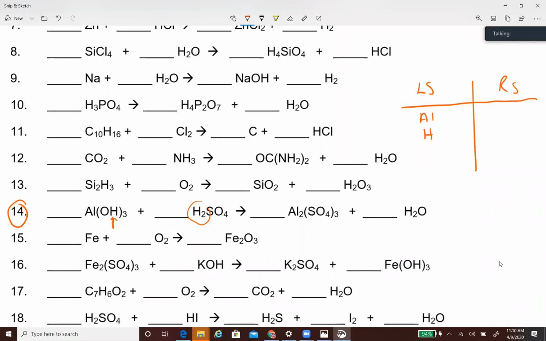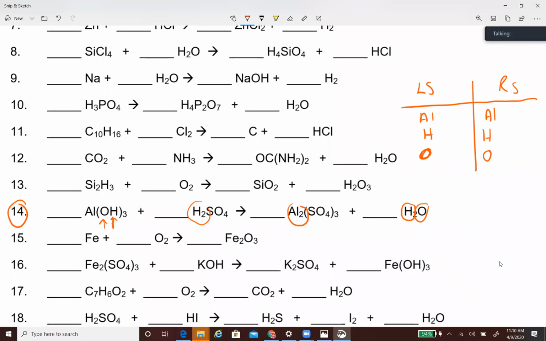I can also see that there's oxygen. And on the right side, I also see that. I see there's aluminum. There's aluminum. I see that there's hydrogen. And I see that there's oxygen.